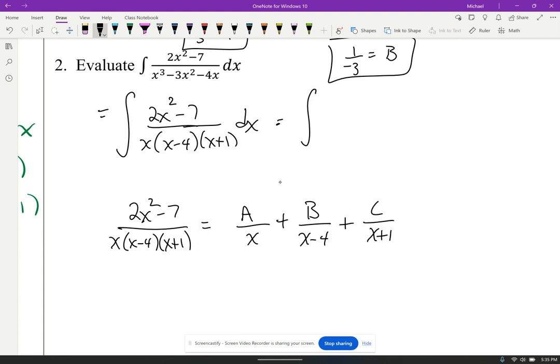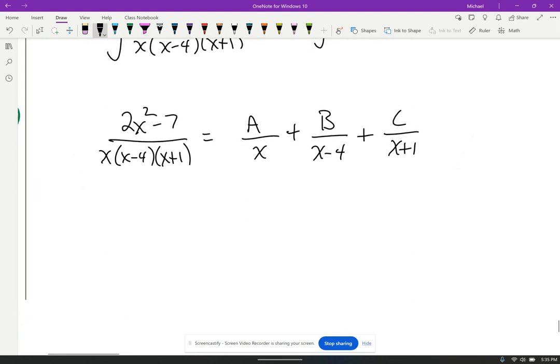So as long as I have factored out my denominator, I can break it up into partial fractions, which is what we're doing here, and we can say that these two are equivalent expressions. But here's the deal. These are equivalent expressions for whatever x value I choose.